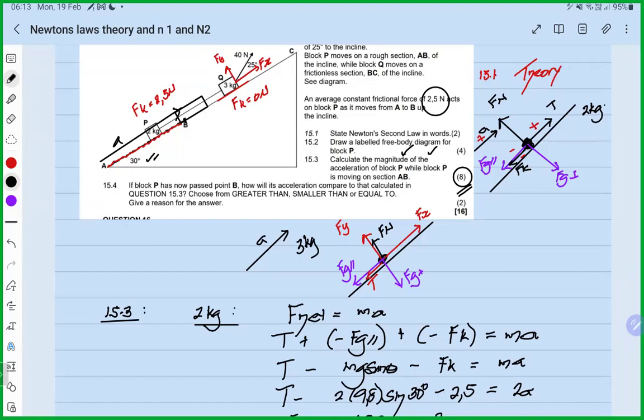Now remember, this Fx was previously overcoming the frictional force that you had over here, which you don't have anymore because you're now on a smooth surface, which means there is no backward force of friction acting on block P. So you're going to have a greater F net acting on it overall because of the lack of friction. Choose from greater than, smaller than, or equal to, and give a reason for your answer.